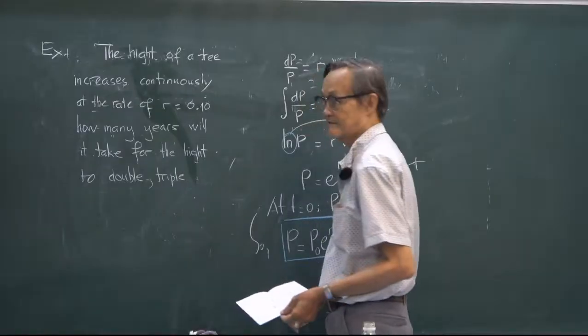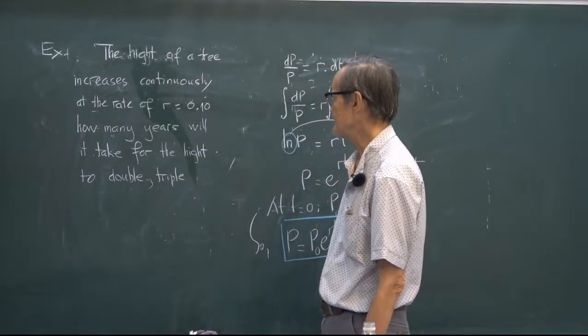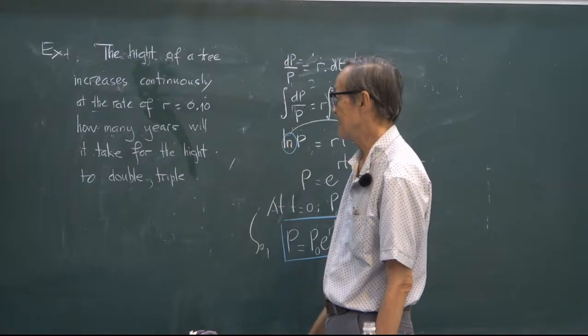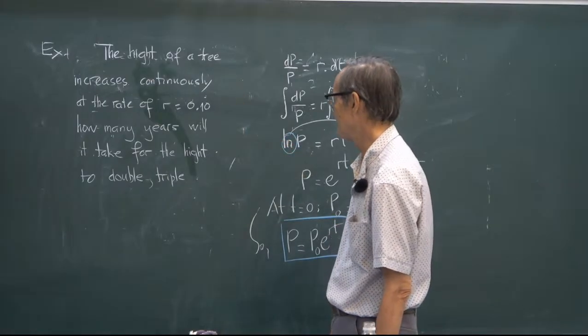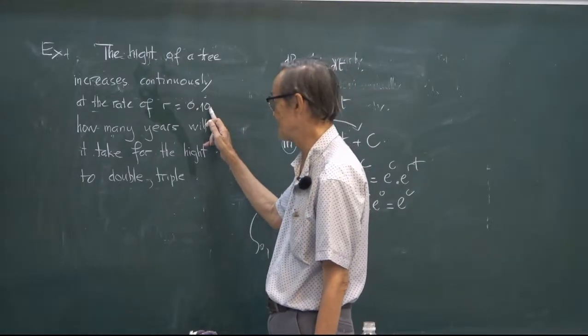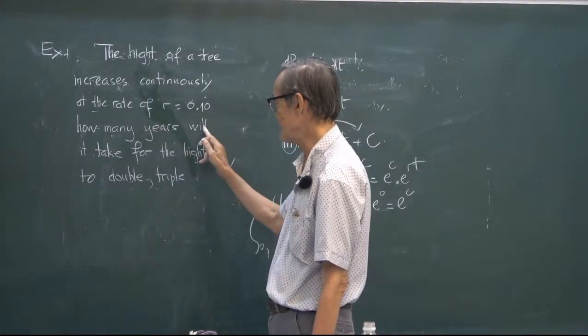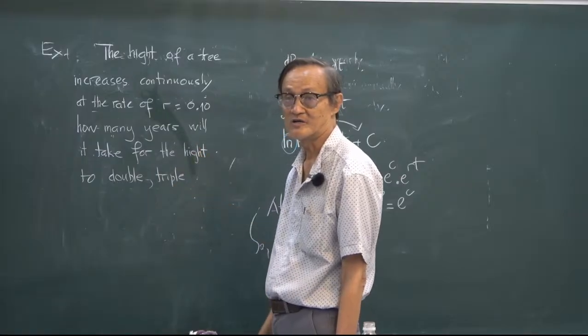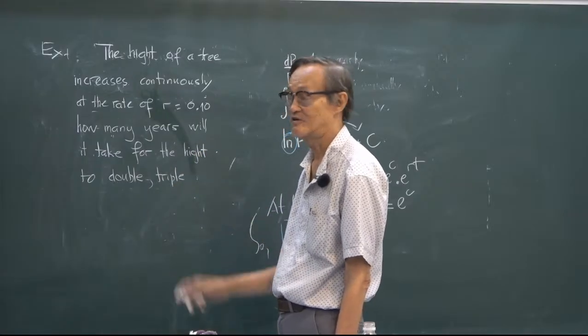Now the height of a tree increases continuously at the rate of R equals 10%. How many years will it take for the height to double, to triple?